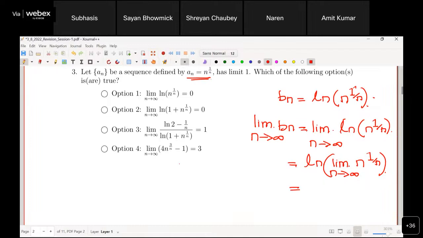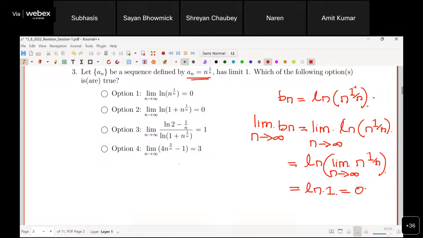Now one thing I know is that the limit of this sequence n power 1 by n is given, it's 1. So this is precisely ln of 1, and you know the value of ln of 1 is basically 0, right? So that's why the first option is correct.